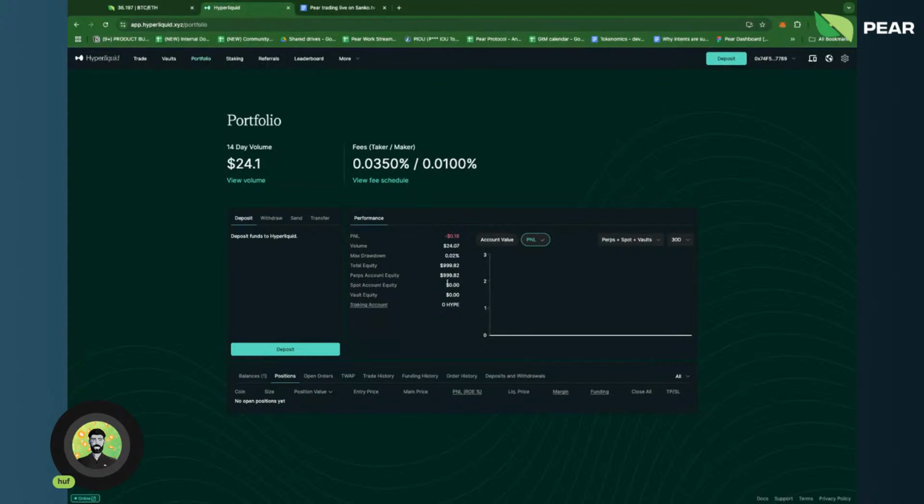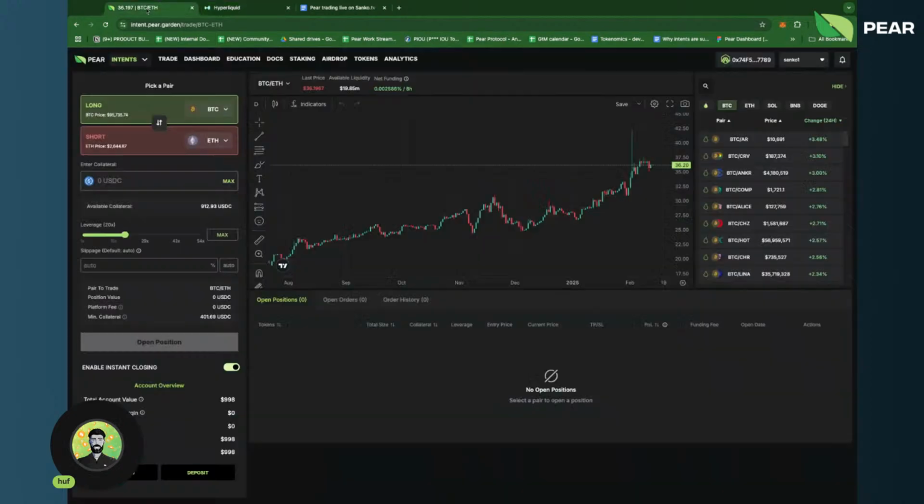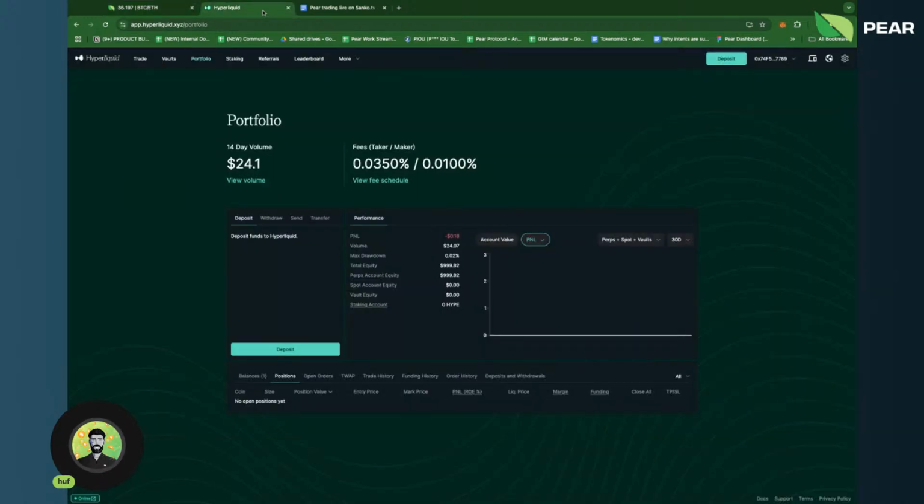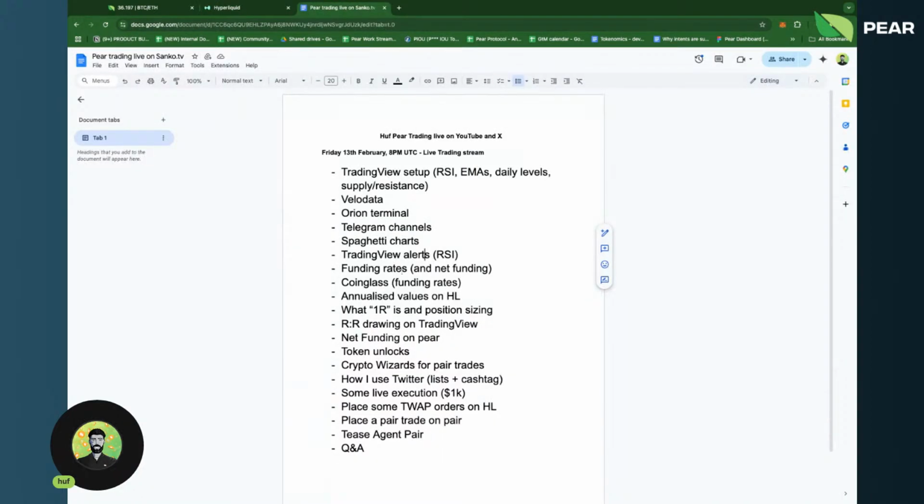That happens. Sorry. I was saying I put $1,000 in a brand new Hyperliquid account, which we can use for today's stream. And I also deposited $1,000 into Pair.Garden, into a new wallet there as well. So we'll be using those a bit later. I can show you how I enter trades, how I size things, how I look to risk manage them as well. But this is what we're looking to do today.